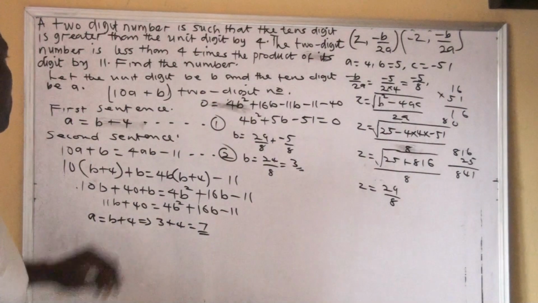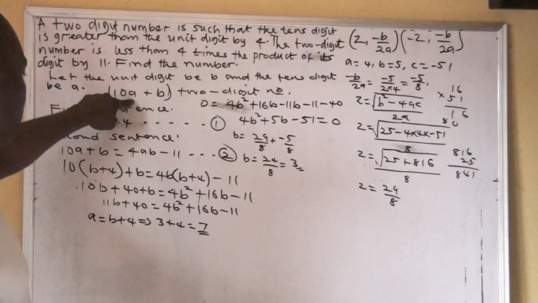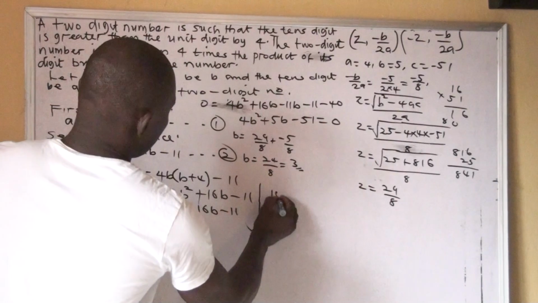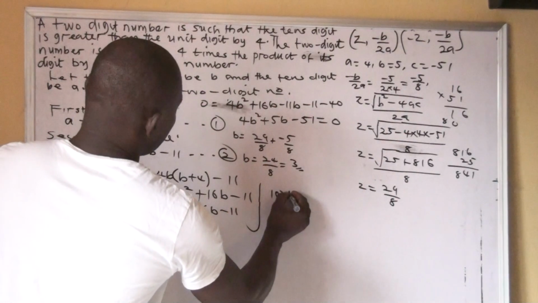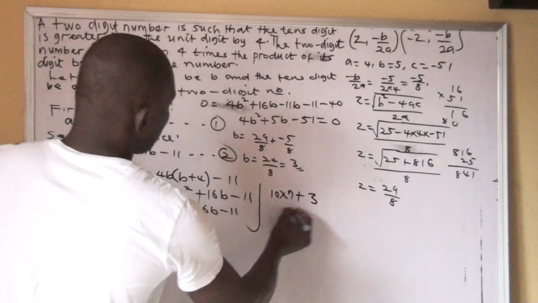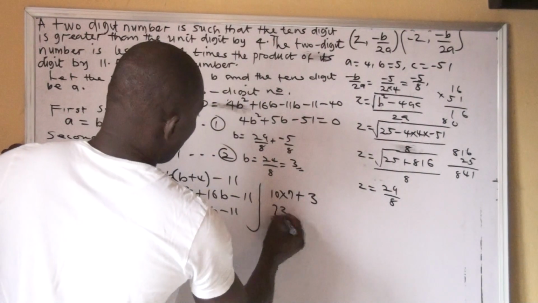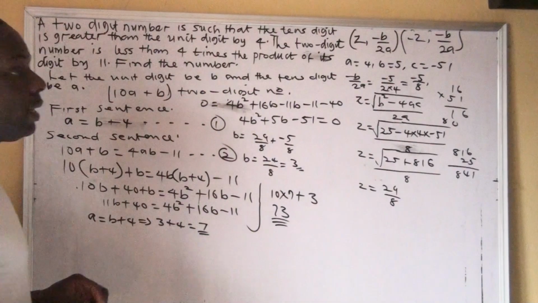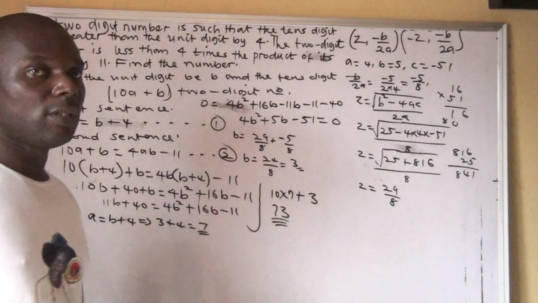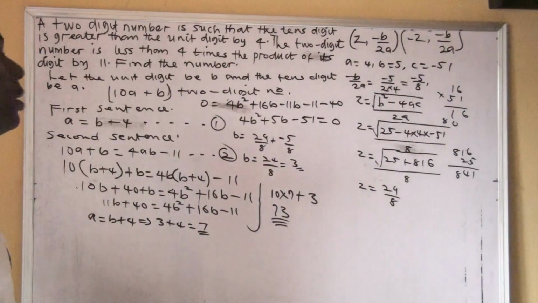The number will be what? 10 times 7 plus 3. So the number we're looking for is 73. So that is the answer to the question.